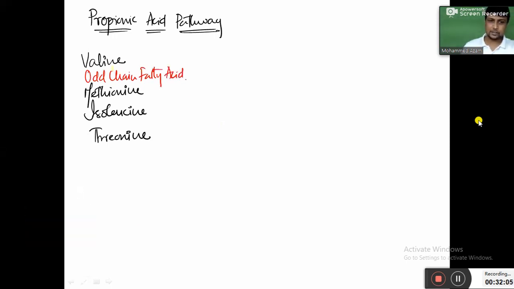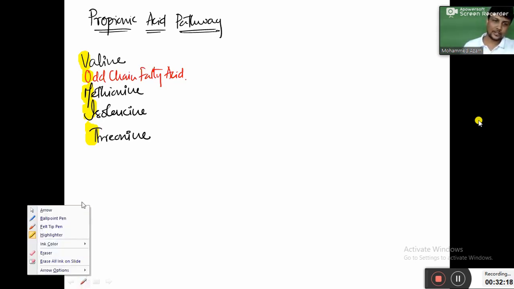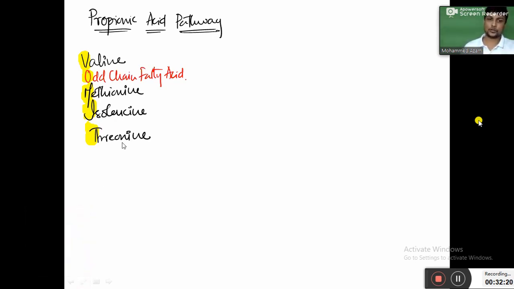See, this is one very famous thing in biochemistry. In biochemistry, this is known as VOMIT. Every biochemistry student and faculty will know this VOMIT, sir. V for valine, O for odd chain fatty acid, M for methionine, I for isoleucine, and T for threonine. अगर आप ध्यान से देख रहे हो, whatever I wrote here in black color, that's amino acids, and whatever I wrote in red color, that's actually a fatty acid. ठीक है, but मैंने इसको साथ में क्यों लिखा?